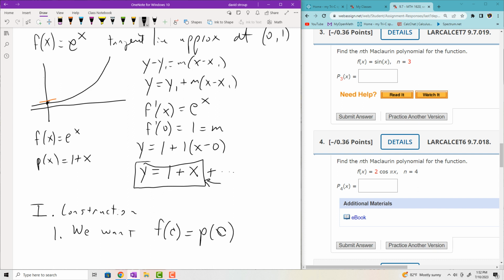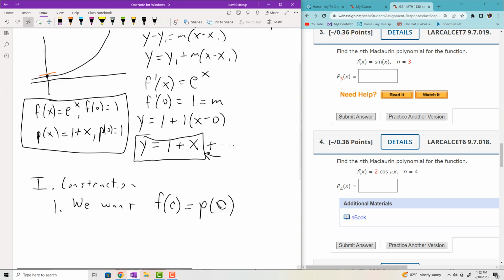And that c value is 0. So I note f of 0 equals 1, and likewise p of 0 equals 1. I want that behavior to happen.